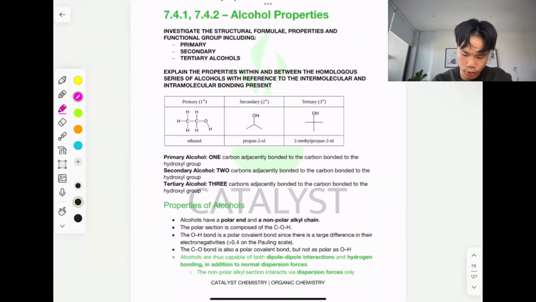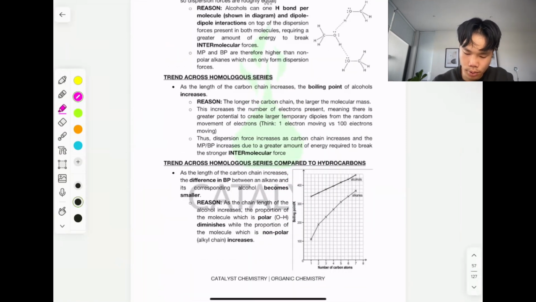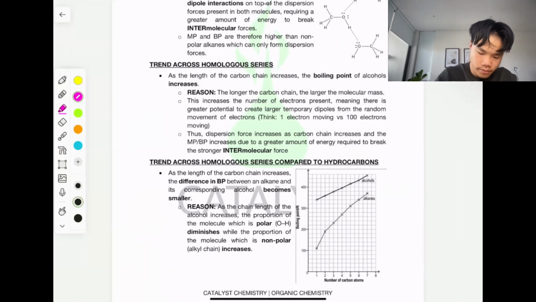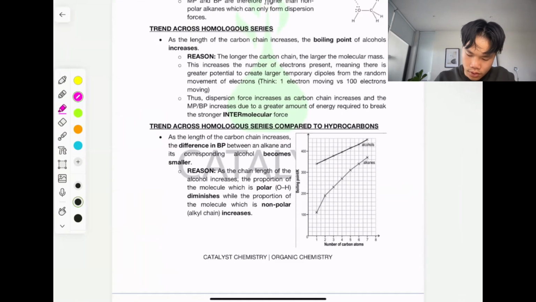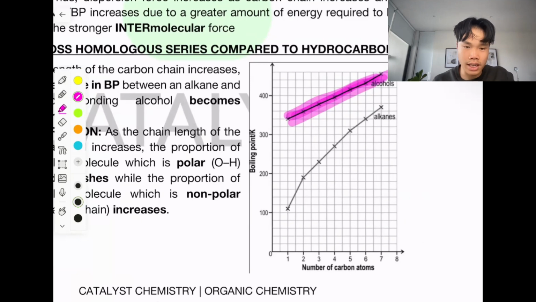Alcohol properties, you're able to talk about how it can form hydrogen bonds. Similar discussion for the trends. As it increases in molar mass, it'll increase in boiling point. But the important feature that you have to describe for polar molecules is as you increase the number of carbons in the homologous series, the boiling point does not rise as fast as alkanes.